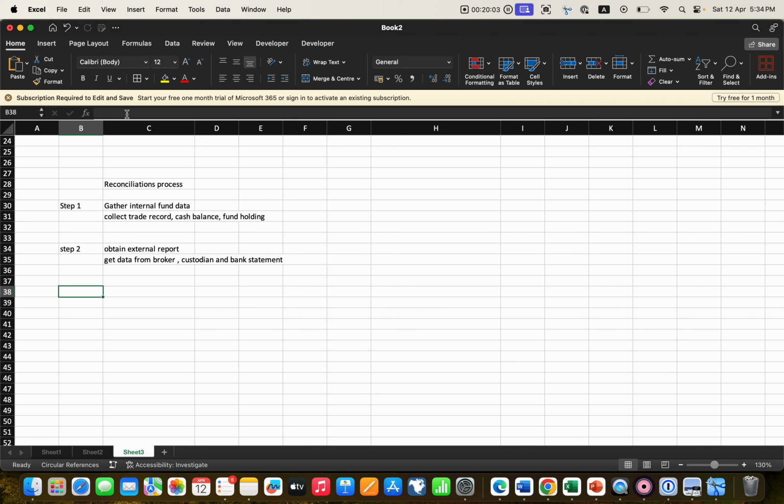Then step 3 will be to compare and identify discrepancies. You have to compare the internal record and the external report.